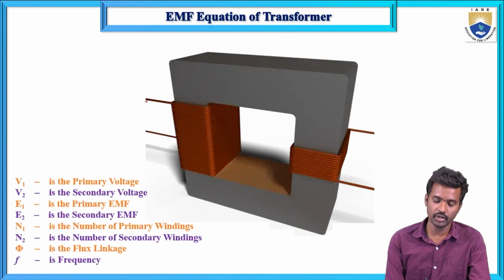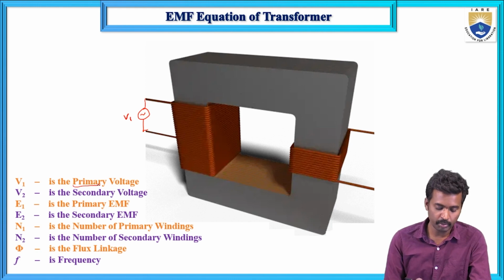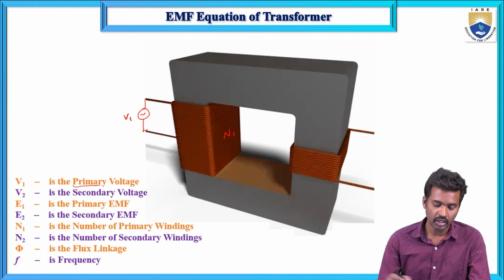First, if you give some amount of AC supply, V1 voltage, that is the primary voltage, to the winding, the winding which is connected to the transformer supply is known as the primary winding. The primary winding turns are N1, and this supply voltage is V1.